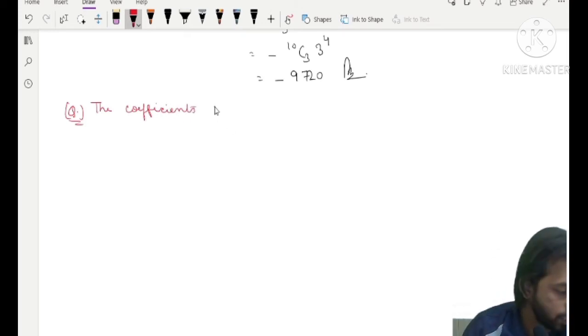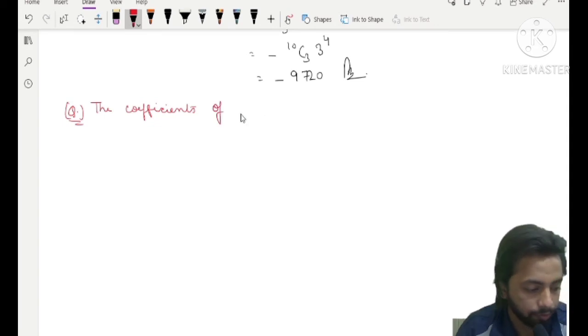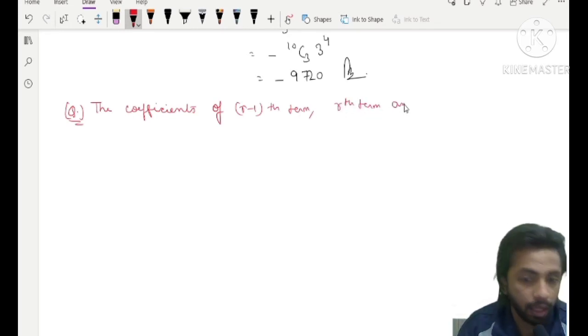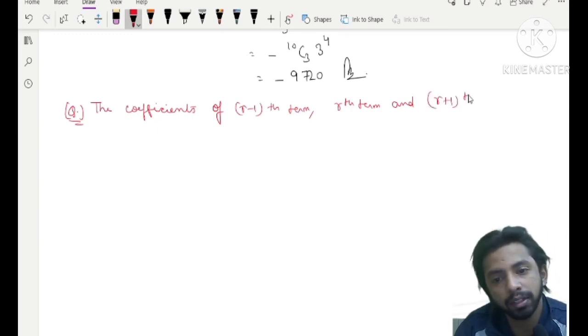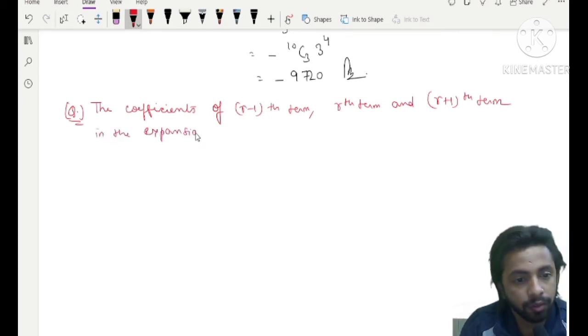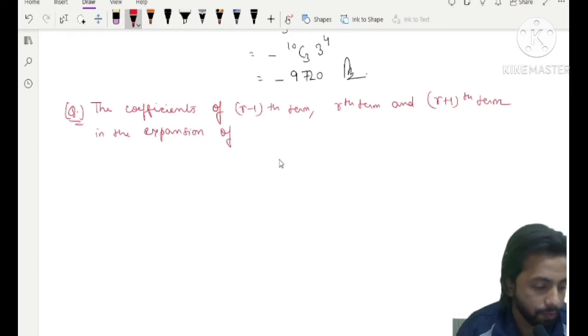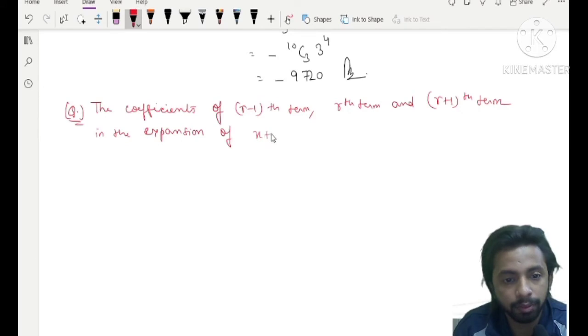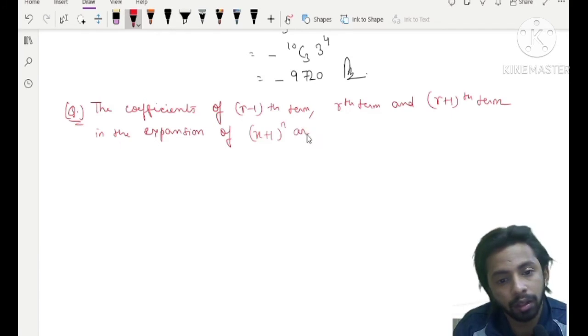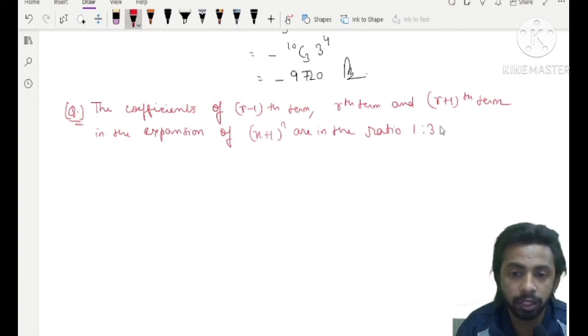The coefficients of the r minus 1th term, rth term and r plus 1th term in the expansion of x plus 1 raised to the power n are given in the ratio 1:3:5.